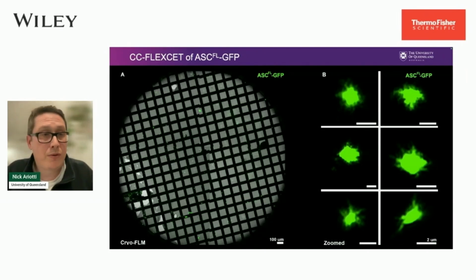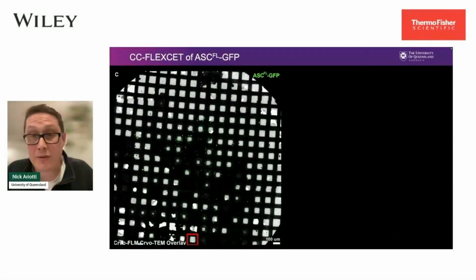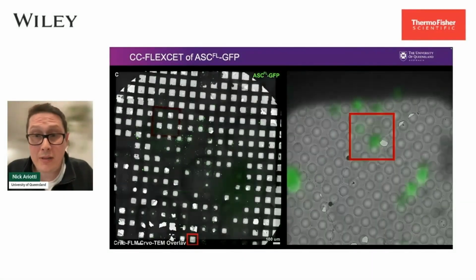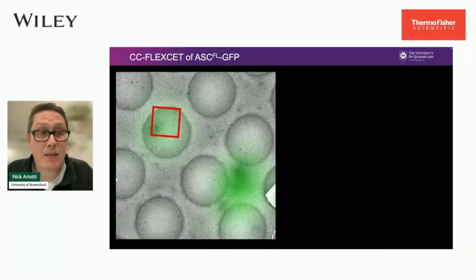So we can go through the workflow and start to characterize the structure of these. This is an atlas from our Glacios where we've overlaid our ASC fluorescence signal. We can zoom in on individual grid squares. We can highlight our areas of interest that we want to analyze by cryo-electron tomography. We can generate individual search maps, which allows us to be very accurate with where we're positioning our tilt series.